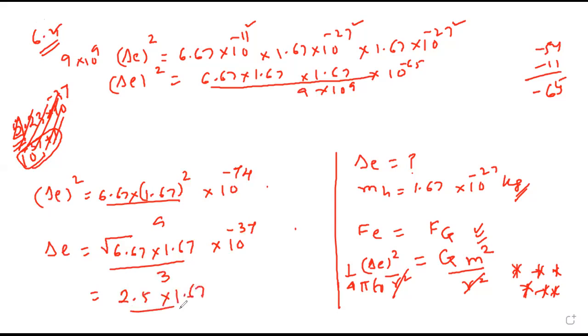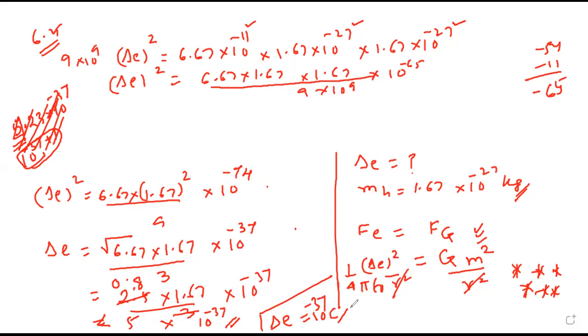Into 1.67 into 3 into 10 raised to minus 3, into roughly 8.8. Now clearly 1.67 into 0.8 is less than 5 only. So the order of magnitude of delta e is 10 raised to minus 37. Any doubt? Very good.